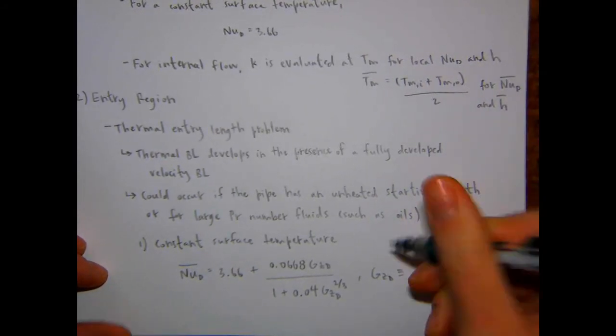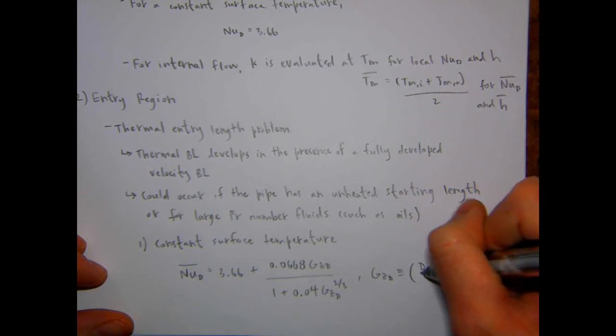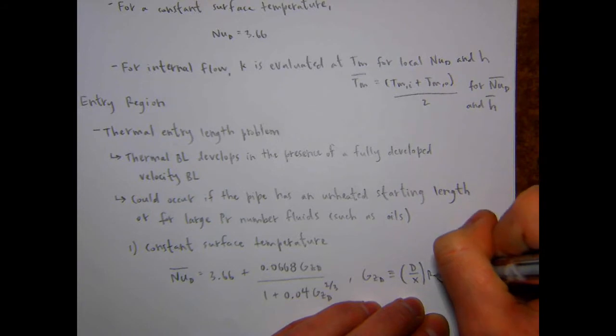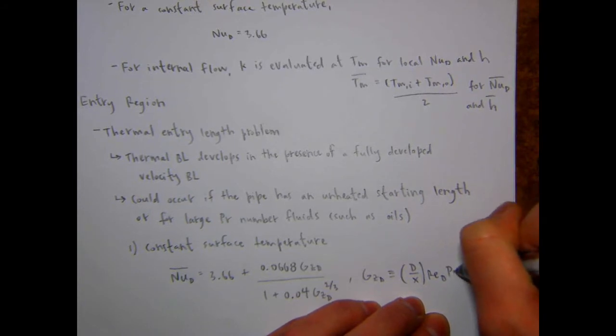And that's defined as D over x times the Reynolds number times the Prandtl number.